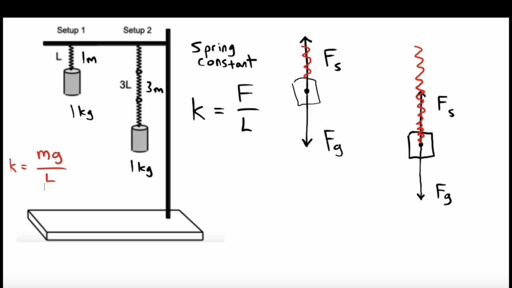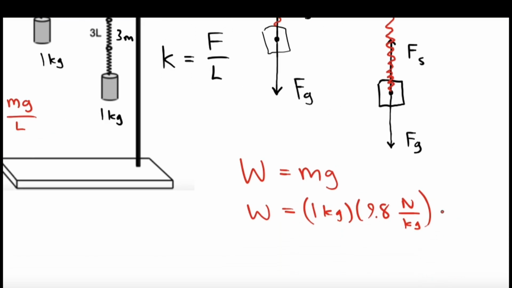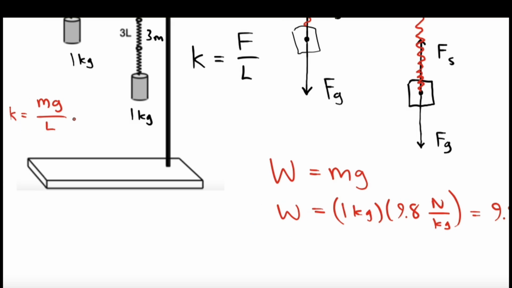The force comes from a weight formula, W equals mg. Each of these hanging masses has a weight of 9.8 newtons, because g is 9.8 newtons per kilogram, and they're each 1 kilogram, therefore they each weigh 9.8 newtons.